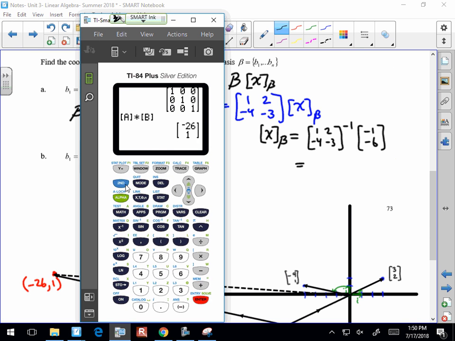I mean, unless the numbers are nice enough where you're like, well, I could probably do this faster by hand than it would take me to even type it in.